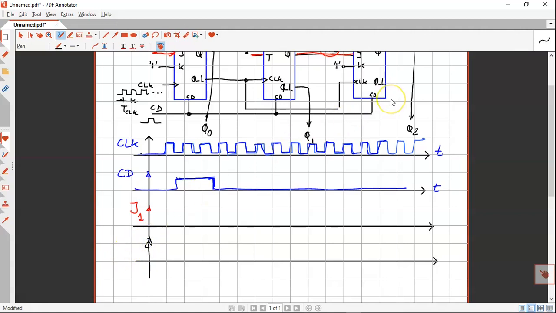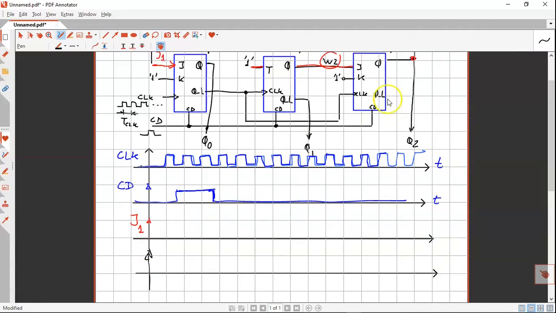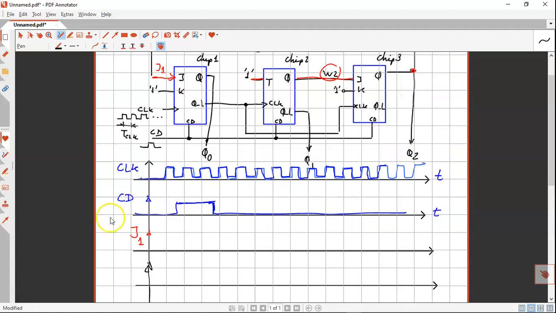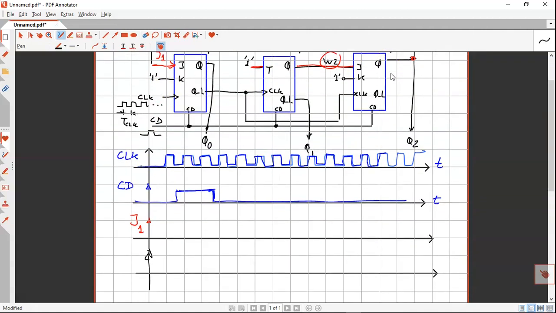So this is going to be the J2, but you can annotate it here, or you can do it in another way. If you have the J1 and you have the clock, at least an initial value, because this J1 is going to be the Q0 that you've got from chip 3, you can imagine which is going to be the value of this signal, okay?